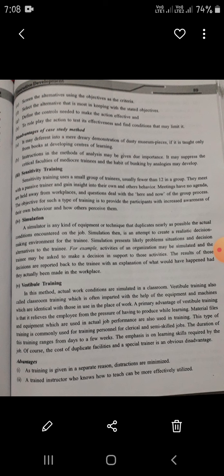The primary advantage of vestibule training is that it relieves the employee from the pressure of having to produce while learning. Materials, files and equipment which are used in actual job performance are also used in training.